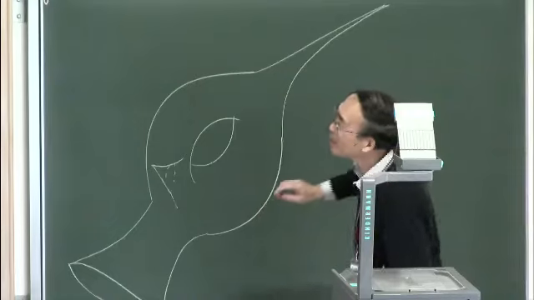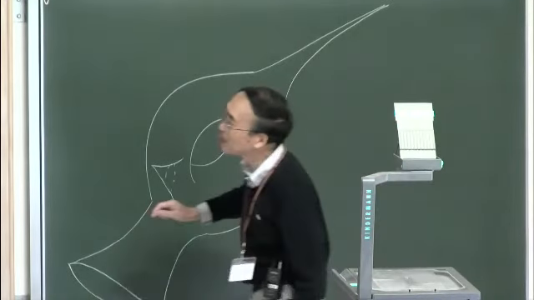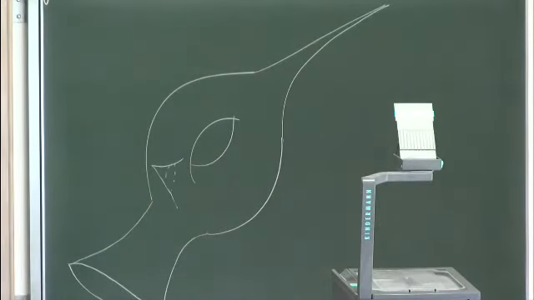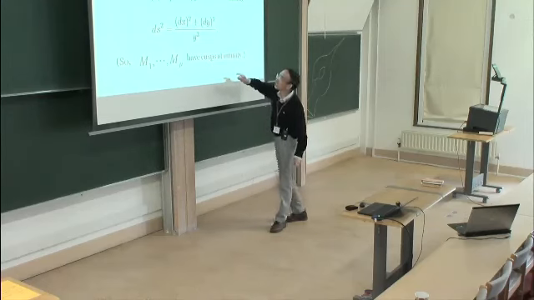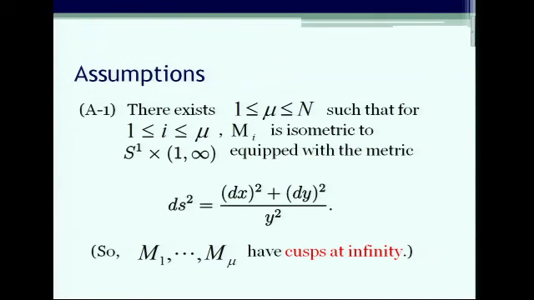The first one is isometric to this space S¹ times (1,∞) equipped with this metric. So this part is a cusp. This is the cusp case.